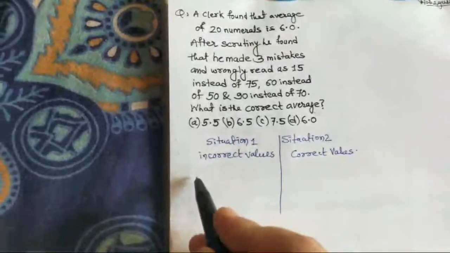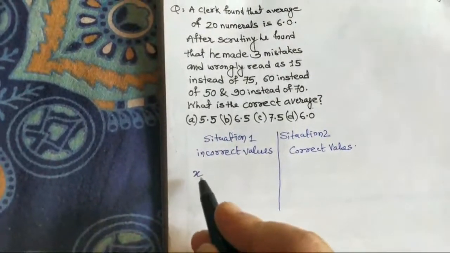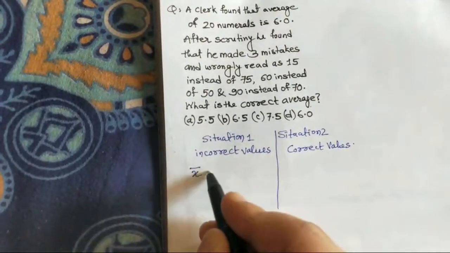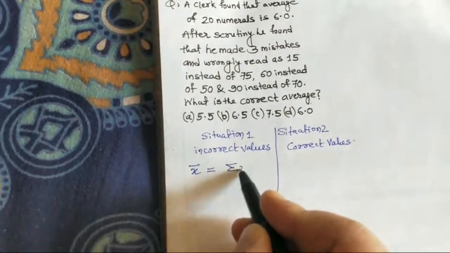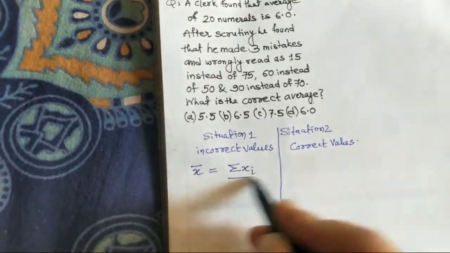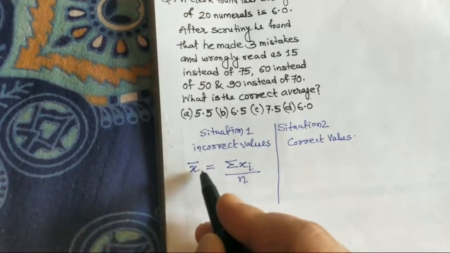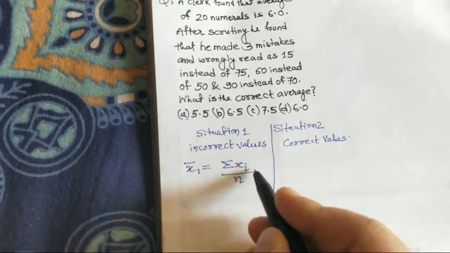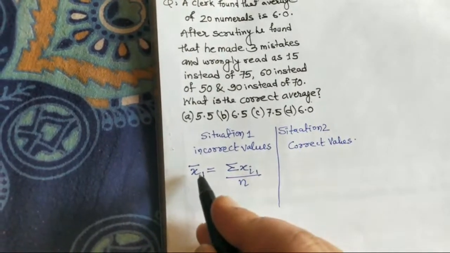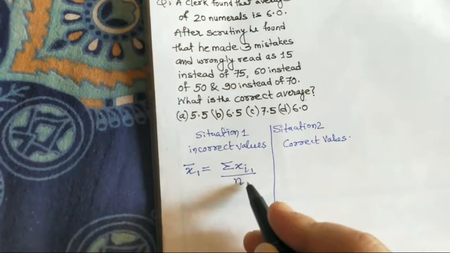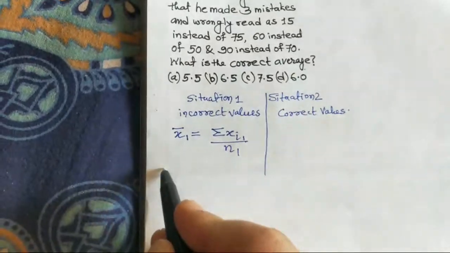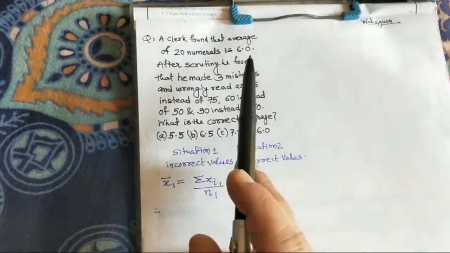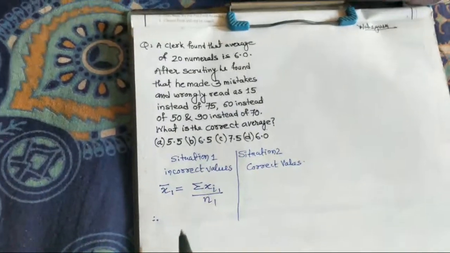Okay, so there are two situations. The first situation is before us, and we'll write mean formula as x bar is equal to summation xi by n. As this is the first situation, we'll take it as x bar 1 is equal to summation xi1 upon n1. And for this we have been given that the mean is 6.0 for 20 numerals.